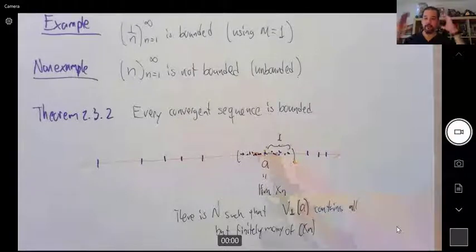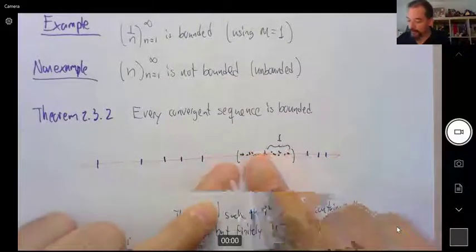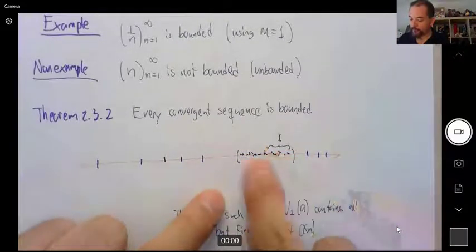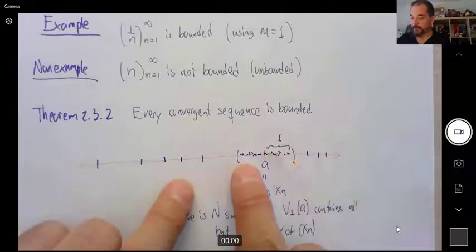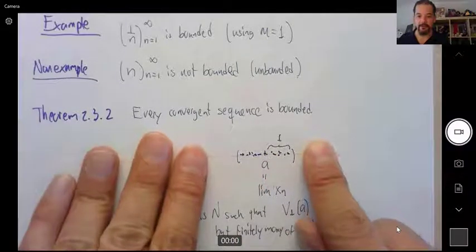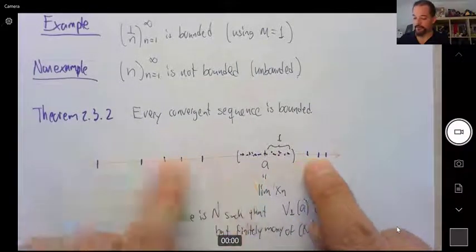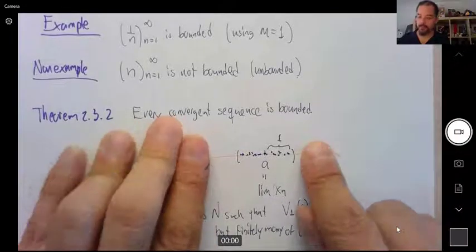How do I find the bound, the box in which to put the entire sequence? Well, there's two cases. Case one, nobody is outside. There are none of these renegades outside. If there are no renegades, then my job is easy.